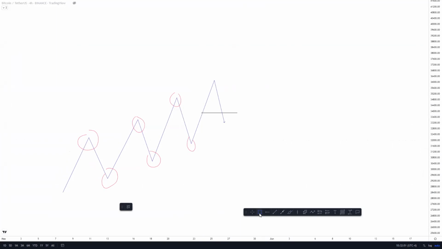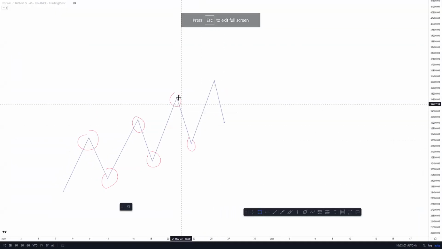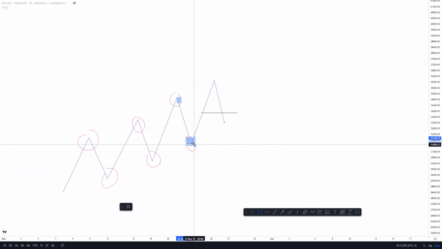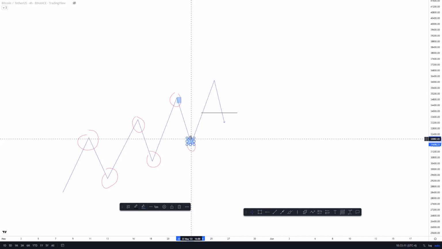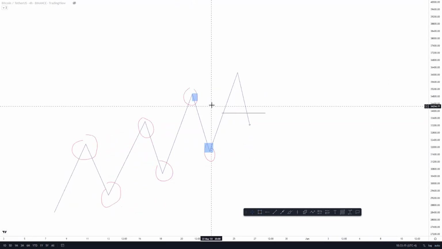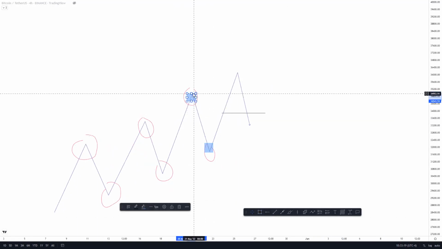So how do I choose the point of interest? My point of interest is basically near the 50% of the level. So if this is your breaker block, and if this is your order block or sponsor candle, how do I choose my point of interest?